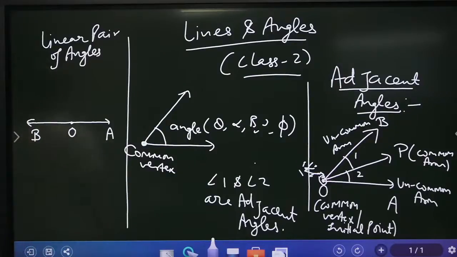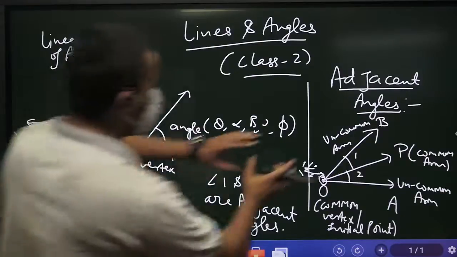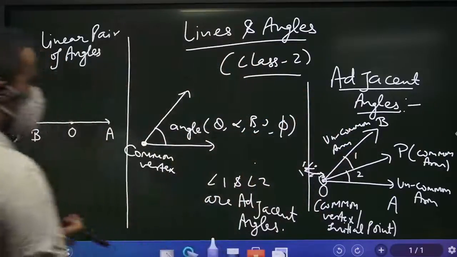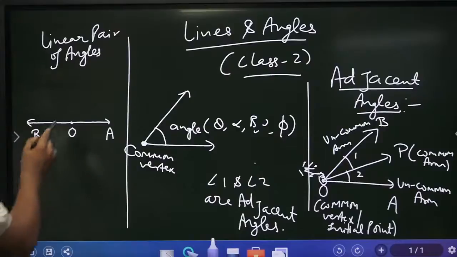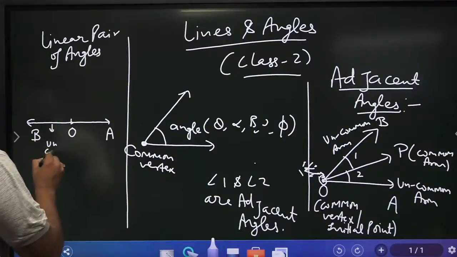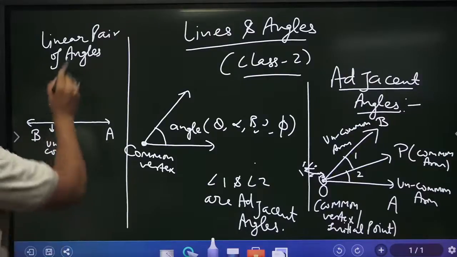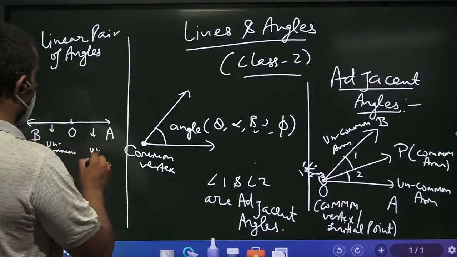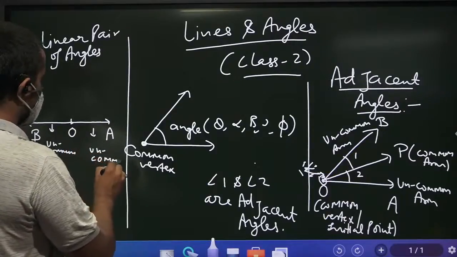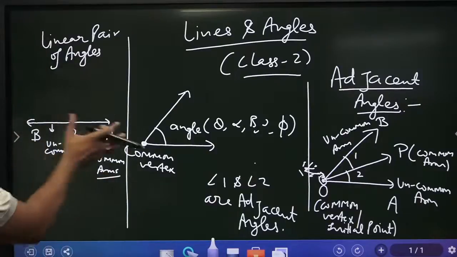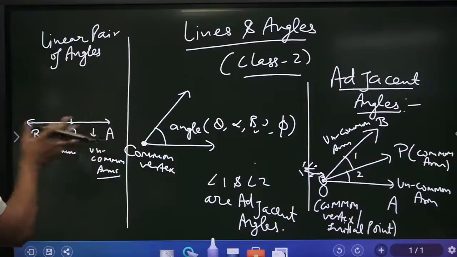If the uncommon arms become opposite to each other, the adjacent angles form a linear pair of angles, when the uncommon arms point opposite to each other.